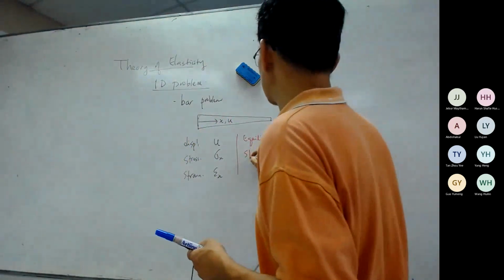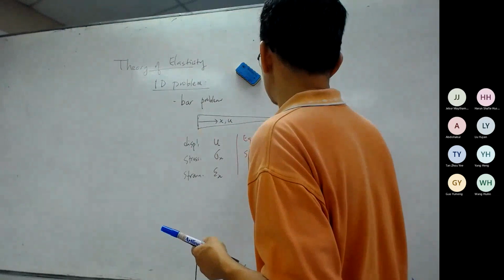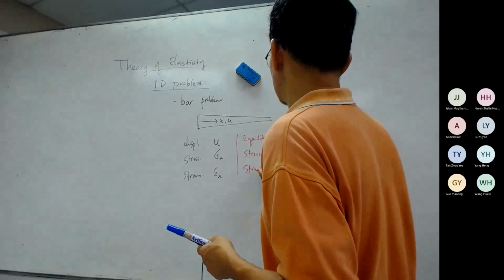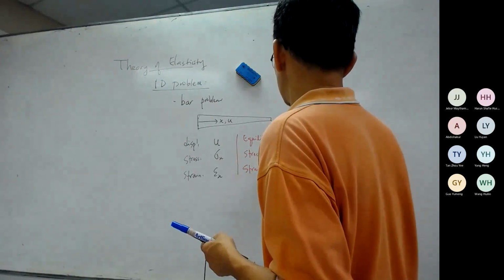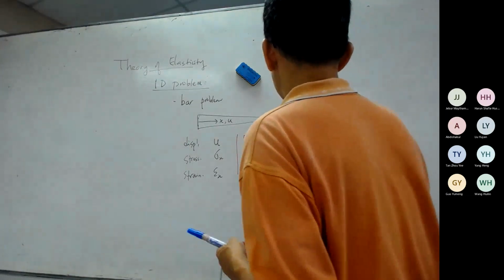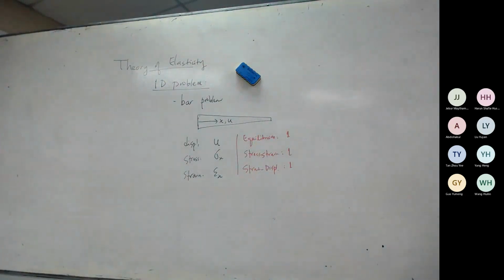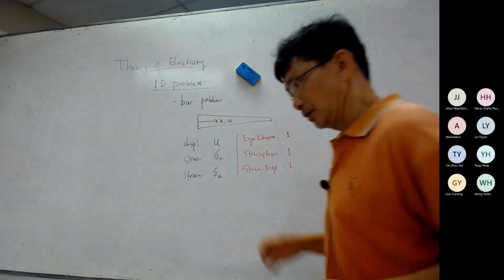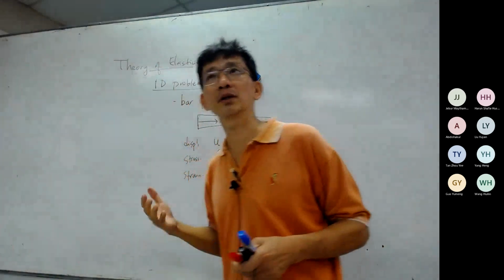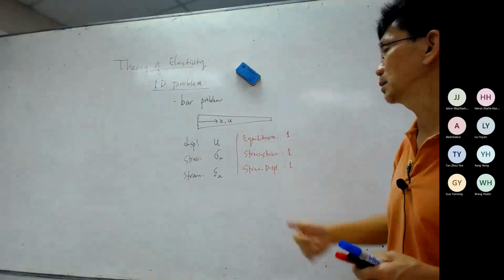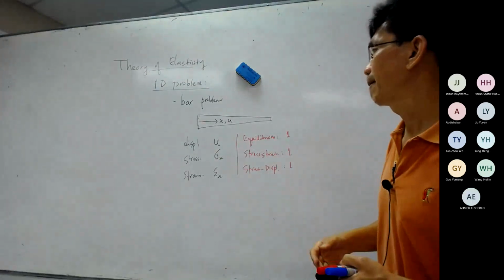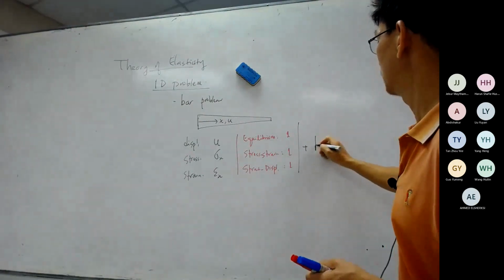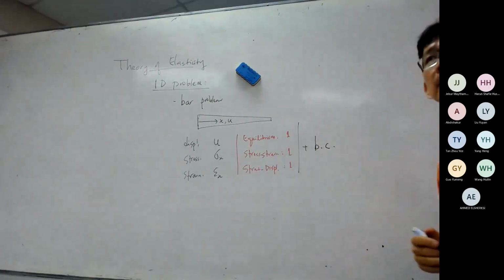We need only one stress-strain relation, and we need only one strain-displacement relation. So there are three unknown variables of the problem that we need to solve, and three basic relations. And of course, don't forget, we always have boundary conditions.